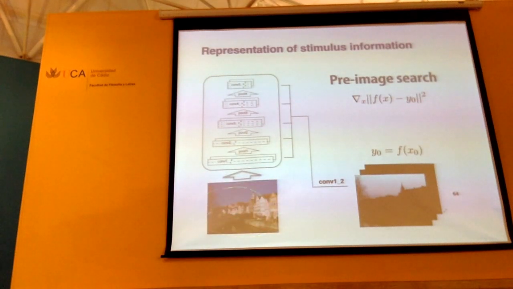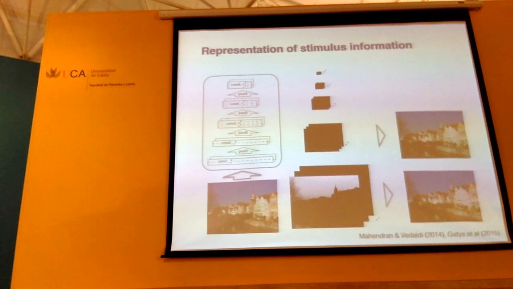So if this is your target image, which specifies here your y0, you then search over x in order to find a new image in the set of all possible images that have very small distance in the activation. Is it clear? Okay, sorry for messing up the explanation a little bit.